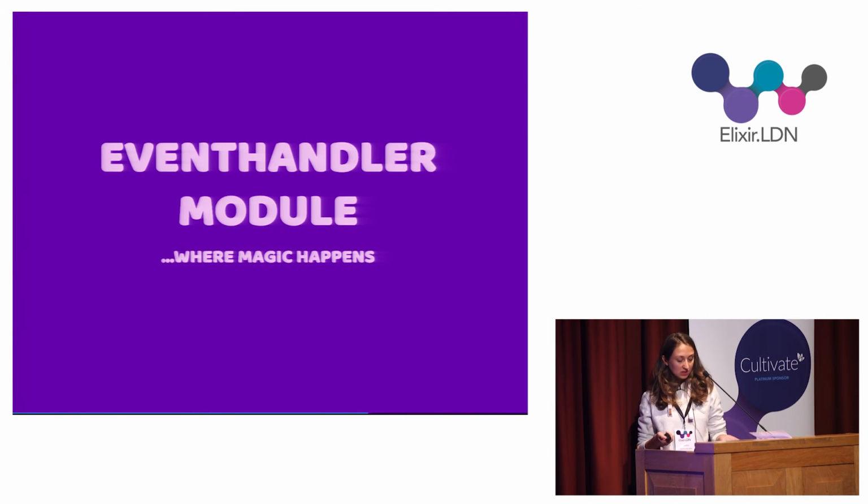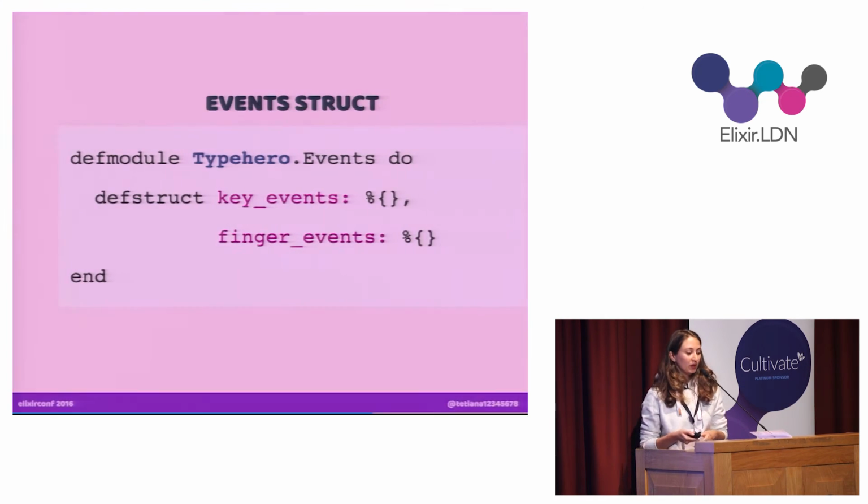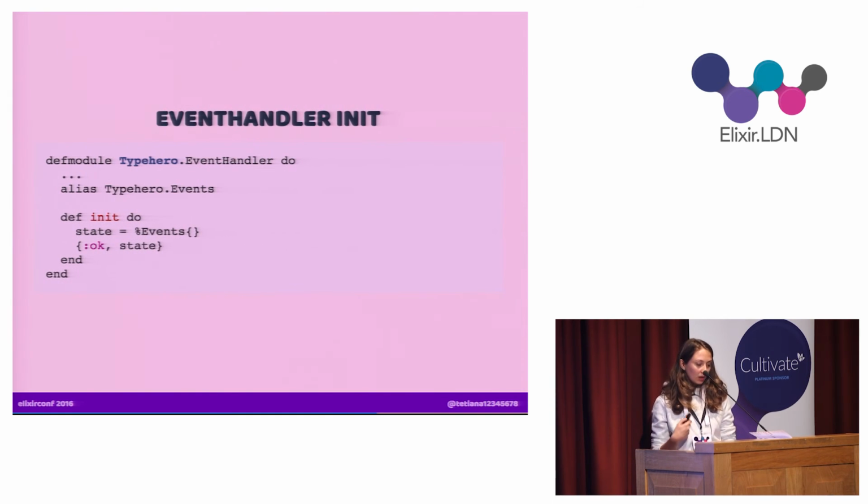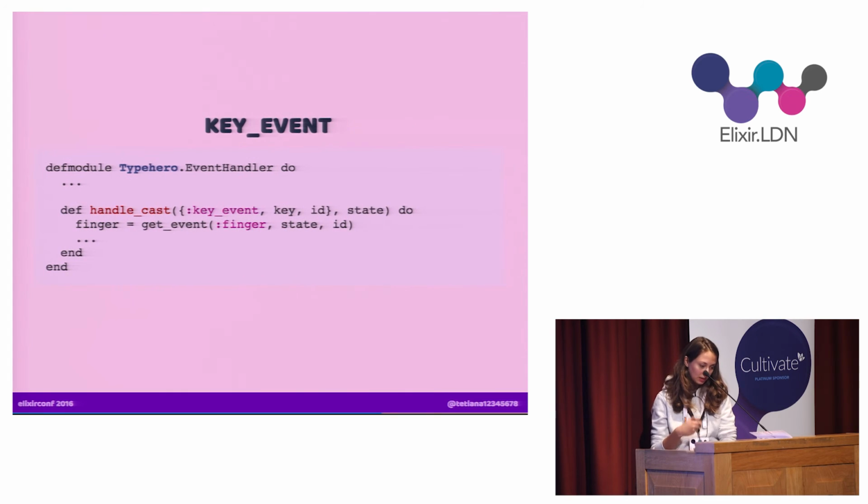And the handler is the one who is going to make the decision about the match. So there is an event struct, which is going to add the key events when they come in, and the finger events when they come in, if the ID doesn't exist. Then we initialize it just with an empty map or struct.